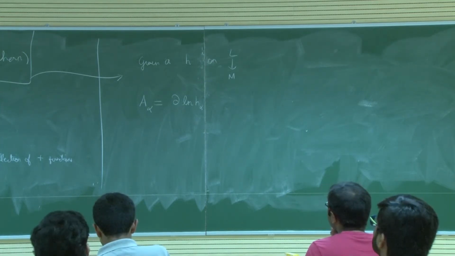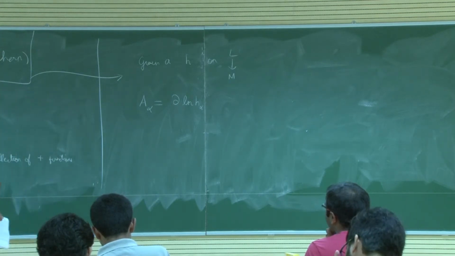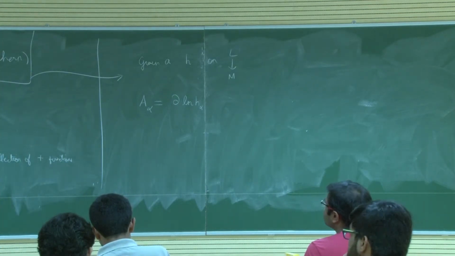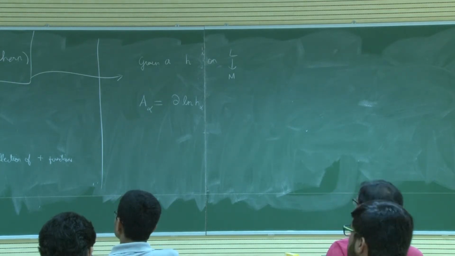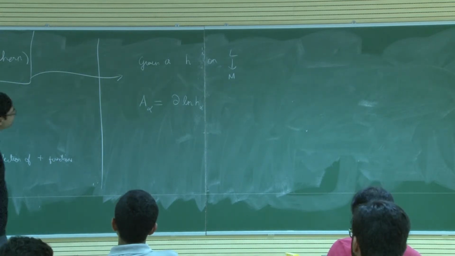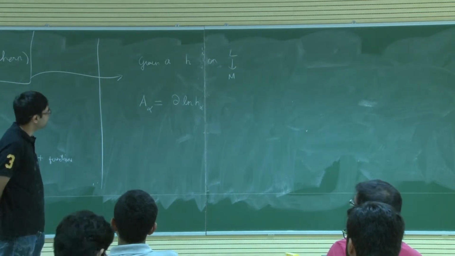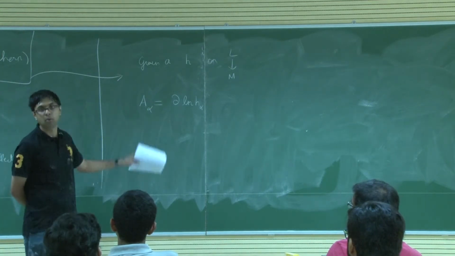What is a connection? A connection is given by the data of a one form. Remember, it's a correction term added to the most naive thing you can think of. That one form is locally defined and it transforms in a certain manner when you change your trivialization. Now I claim if you give me a metric on a holomorphic line bundle, there is a very nice way to define a connection by means of this formula.